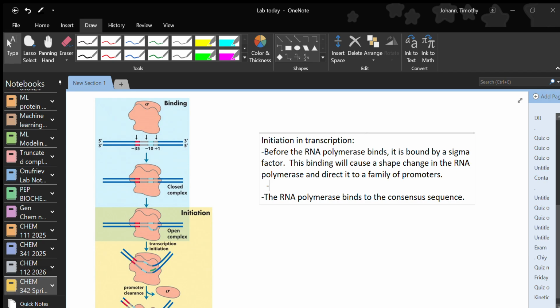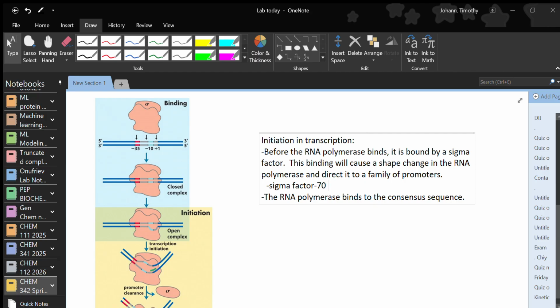So what we have is sigma factor 70, and the 70 refers to a sedimentation coefficient. So it's like a molecular weight, sort of. I don't know if you guys, in biology, learned about sedimentation coefficients.